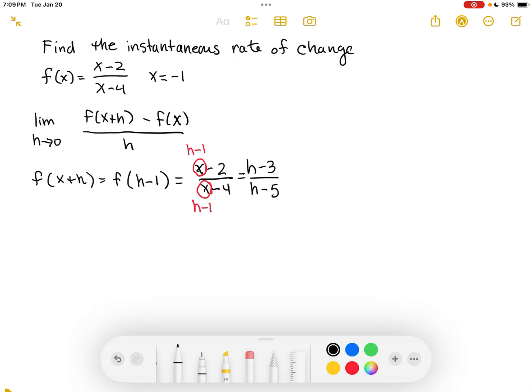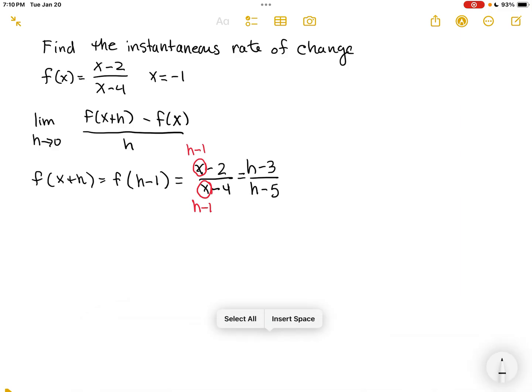So there is our f(x + h) that we can substitute in up here. So we're going to have the limit as h goes to 0, and in the numerator, I'm replacing f(x + h) with (h - 3)/(h - 5).